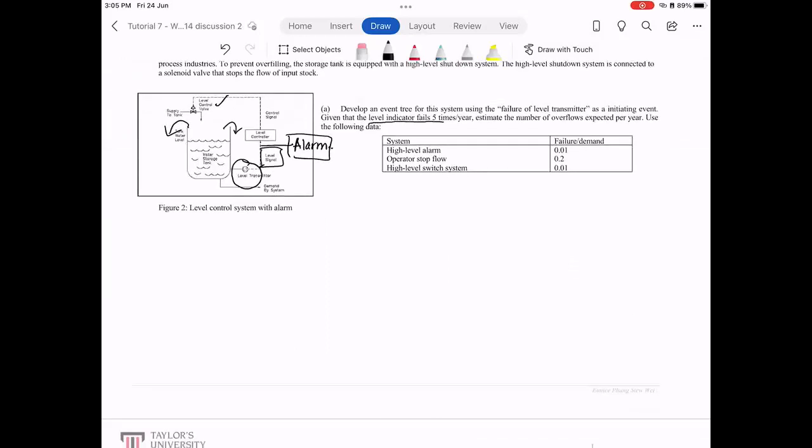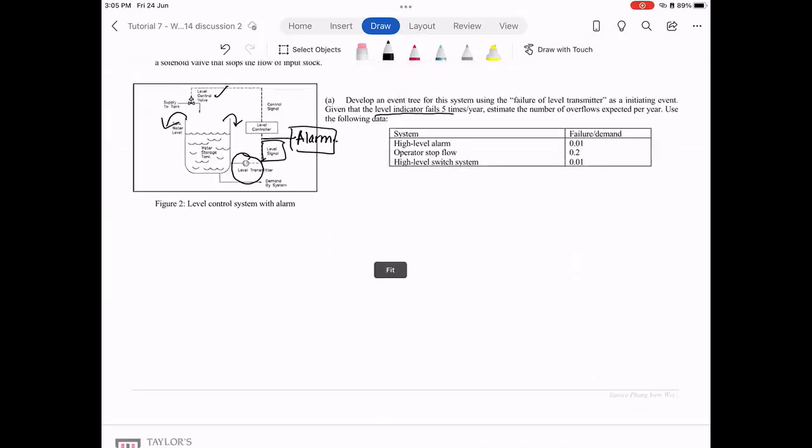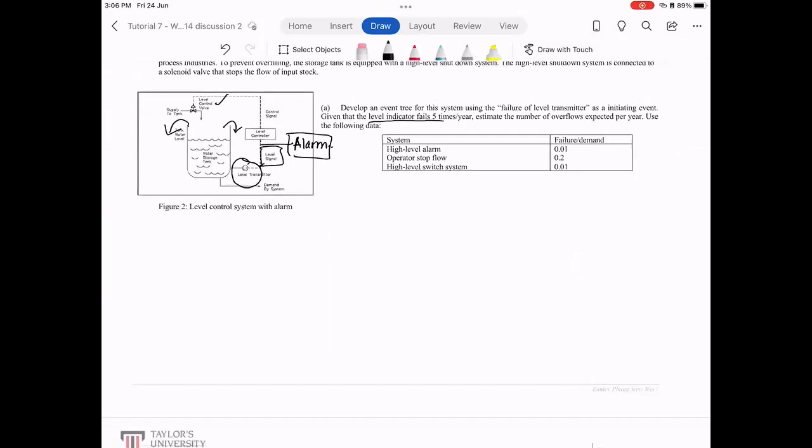In order for us to do what we call the event tree, the event tree comes with this level 1. Event A is the indicator failure.